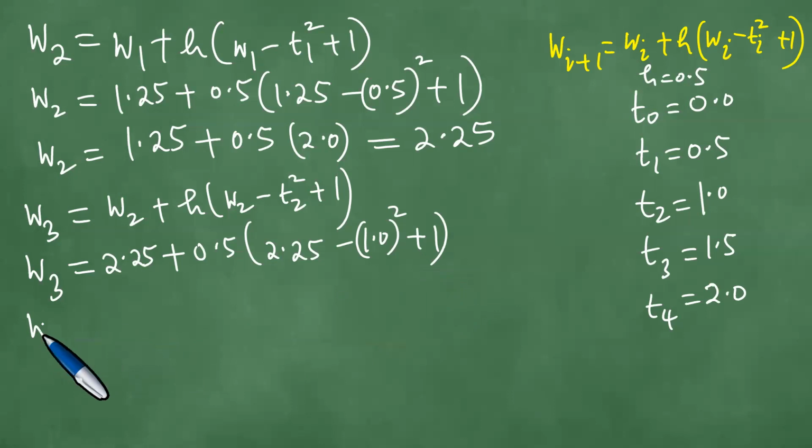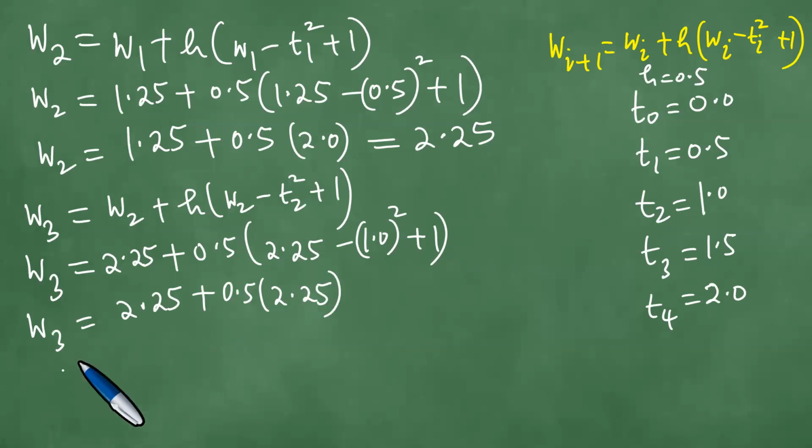So W3 is 2.25 plus 0.5, and then we work out what is inside the parenthesis: 1 minus 1 plus 1, which is 0. So we have just 2.25 here, like so. What is W3?